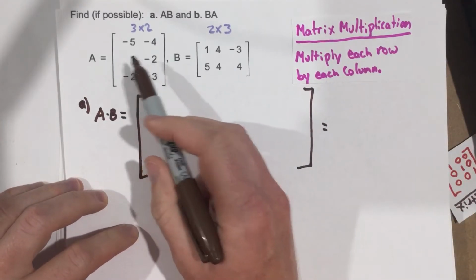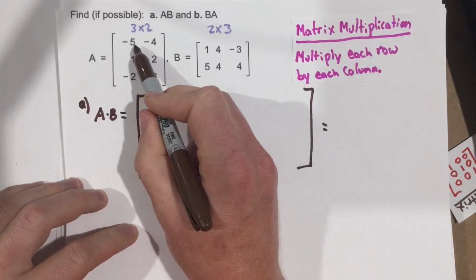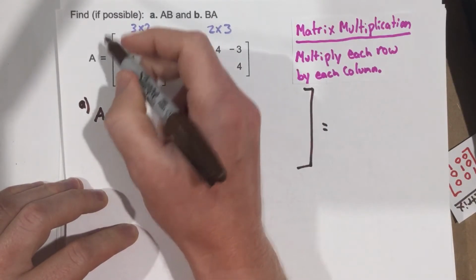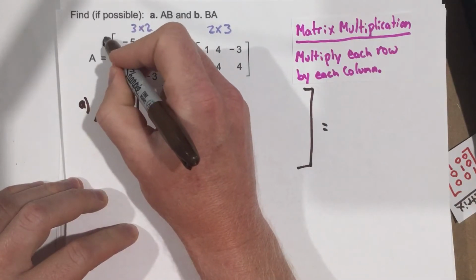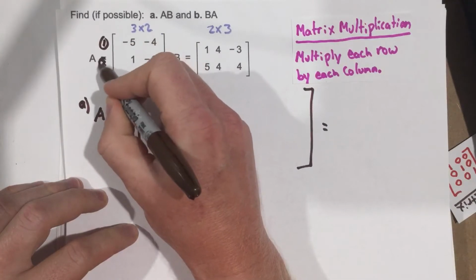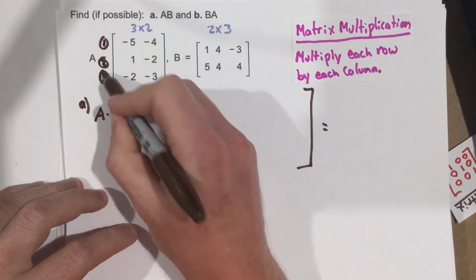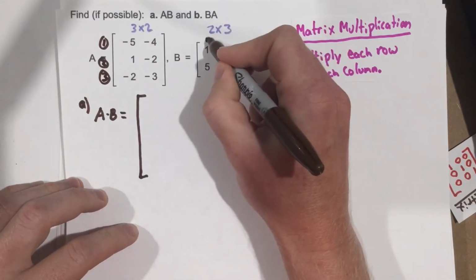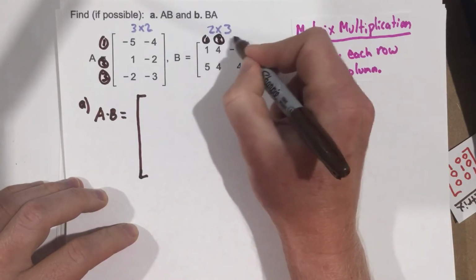All right, now I've got to go row 1, so we're going to mark these off. This is row 1, row 2, row 3, and then we've got column 1, 2, 3.